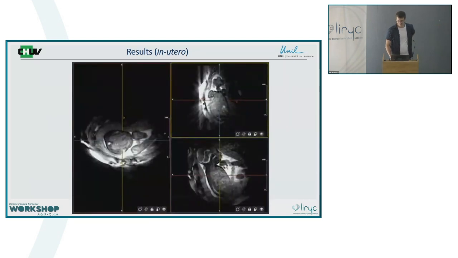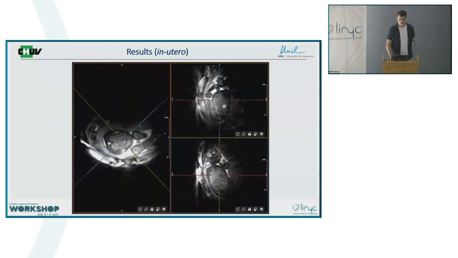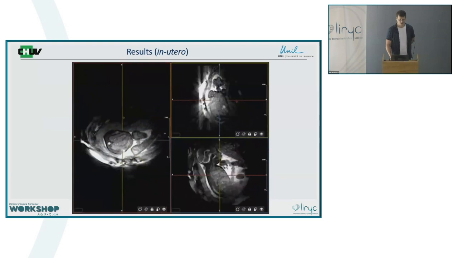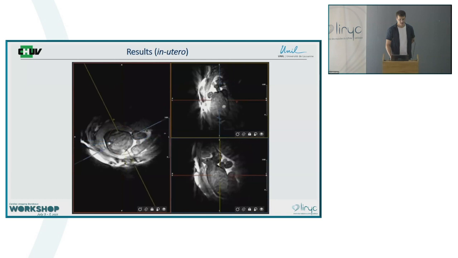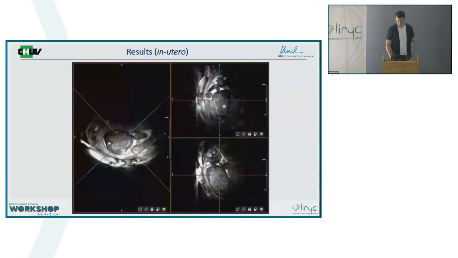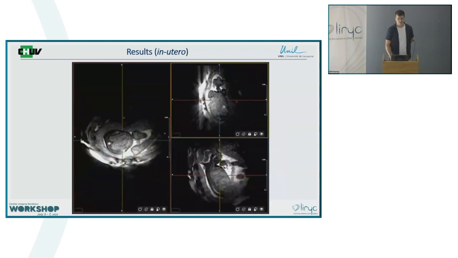Finally, to show the motion corrected 4D in utero data set, we're seeing the dynamics of the fetal cardiac chambers. And this is also highlighting again the advantage of our 3D acquisition with the possibility of a seamless transition between the different cardiac chamber views.